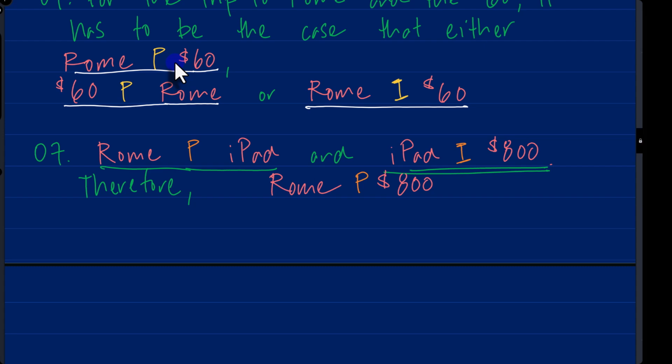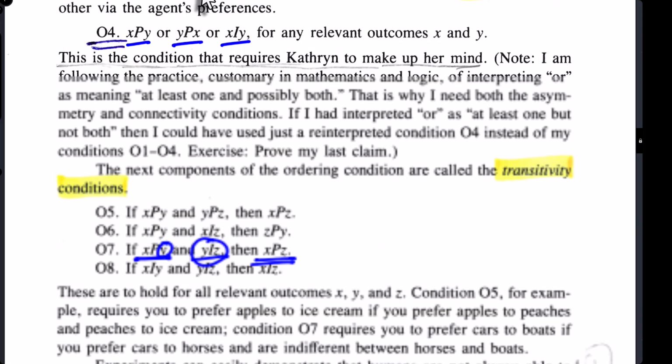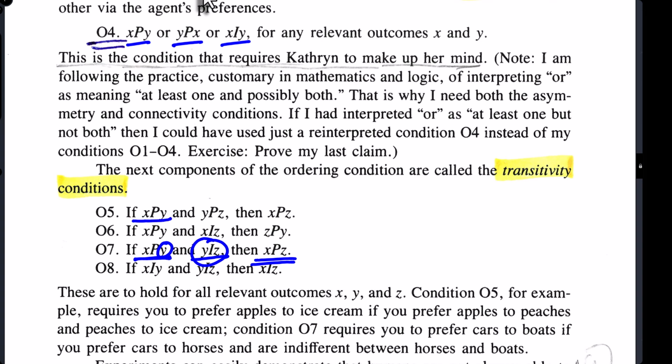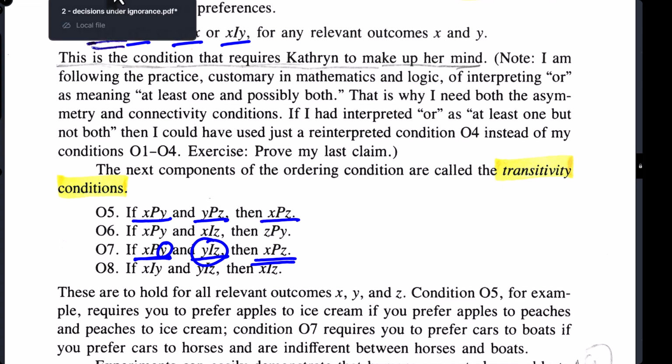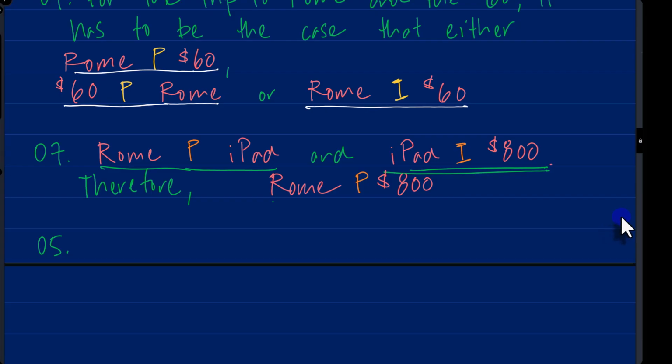Okay, then condition 5. If an agent prefers X to Y and also prefers Y to Z, then that agent will prefer X to Z. Okay, so we just said that I prefer the free trip to Rome to getting $800.